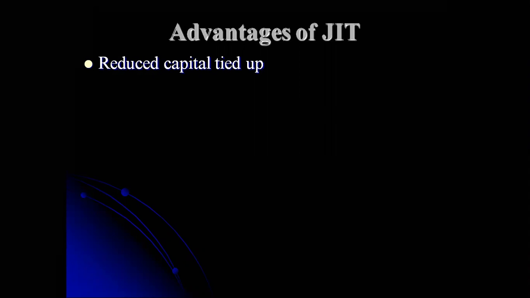That money could have been used somewhere else, but now it is tied up in the form of inventory. So in JIT, because you do not keep inventory, your money is free to be used anywhere, which might be rather more important compared to keeping an inventory just for nothing.